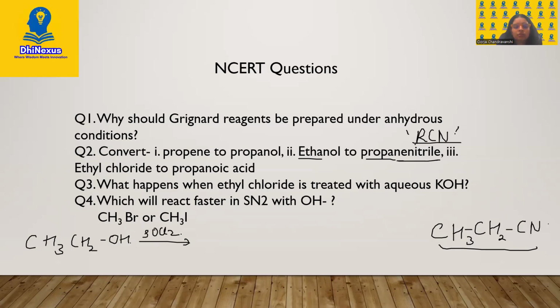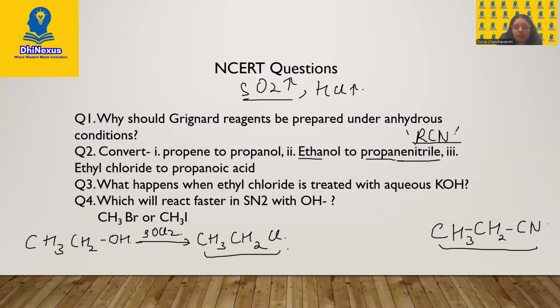So SOCl2 is what I'll take. The reason for taking SOCl2 is that the byproducts are gases. I get SO2 and HCl, so the major product that I want does not have to be purified. And then I can just react it with KCN. So this was nothing but a two-step reaction, as you can see. This is done.